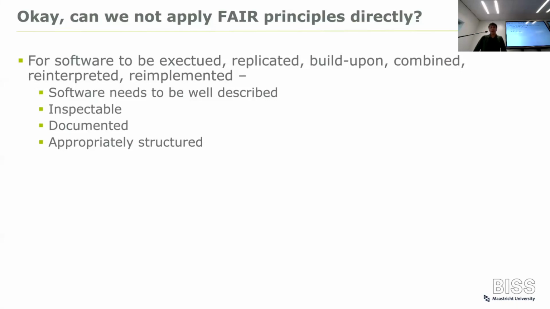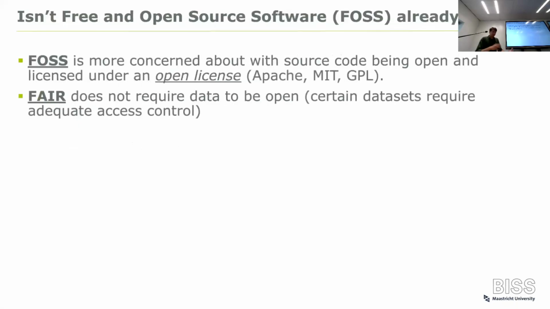For software to be executed, replicated, built upon, and combined, we need it to be described, inspectable, documented, and appropriately structured. Then the question comes up: isn't free and open source software already FAIR? If you're in the software domain and you're a software engineer, you would already have heard of free and open source software.